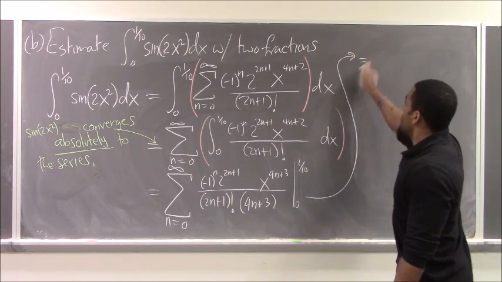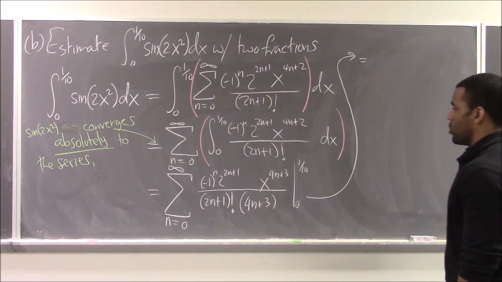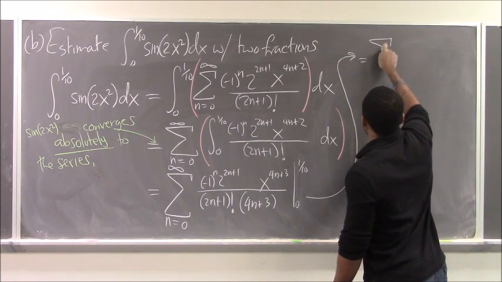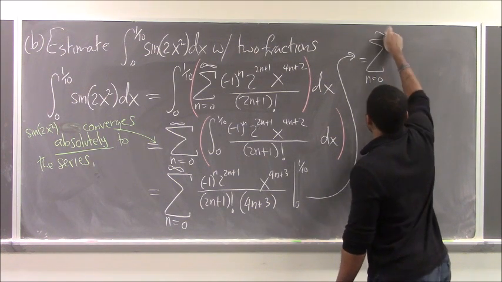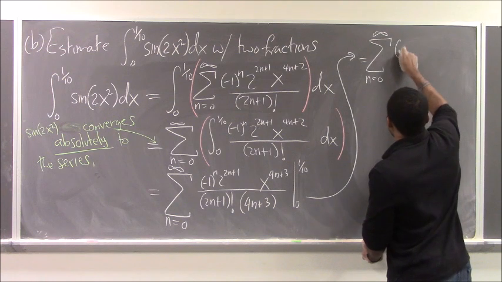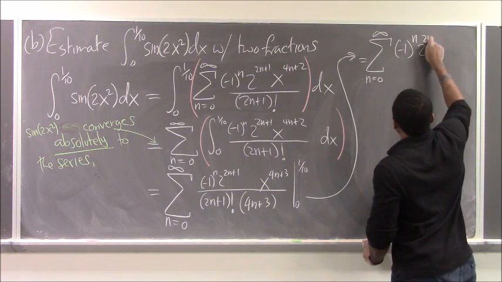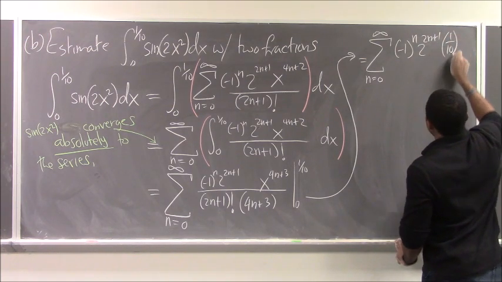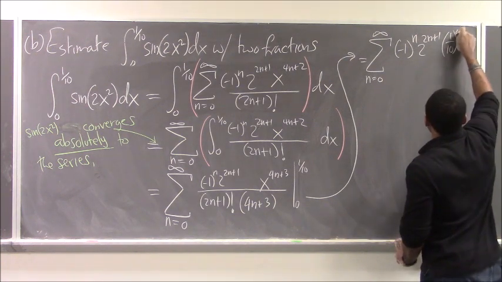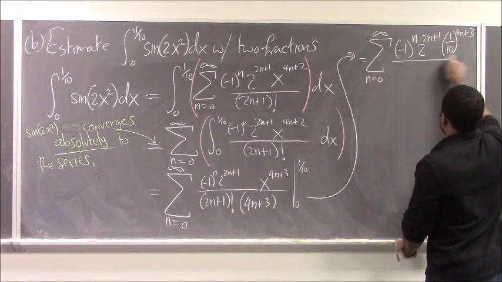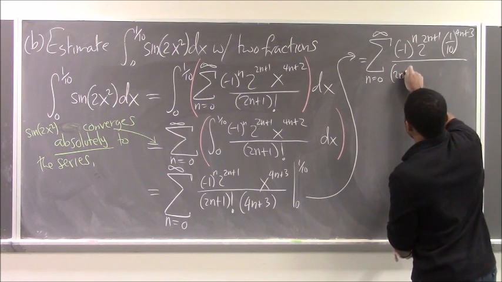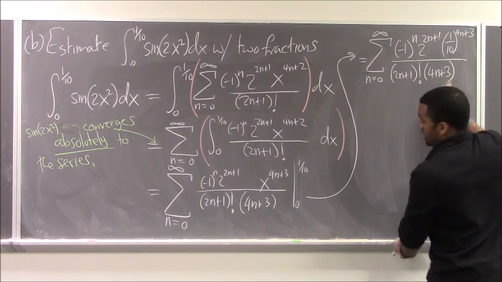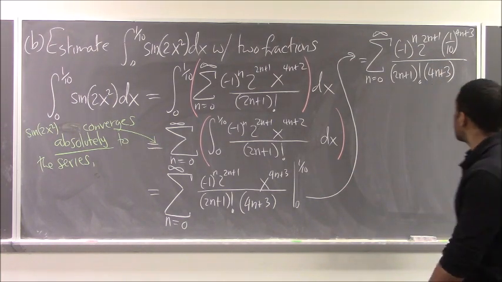If I plug in 1/10, that's going to be pretty much the sum of 1 over 10 to the 4n plus 3 over (2n plus 1) factorial times (4n plus 3), minus, when I plug in 0, I just get 0.